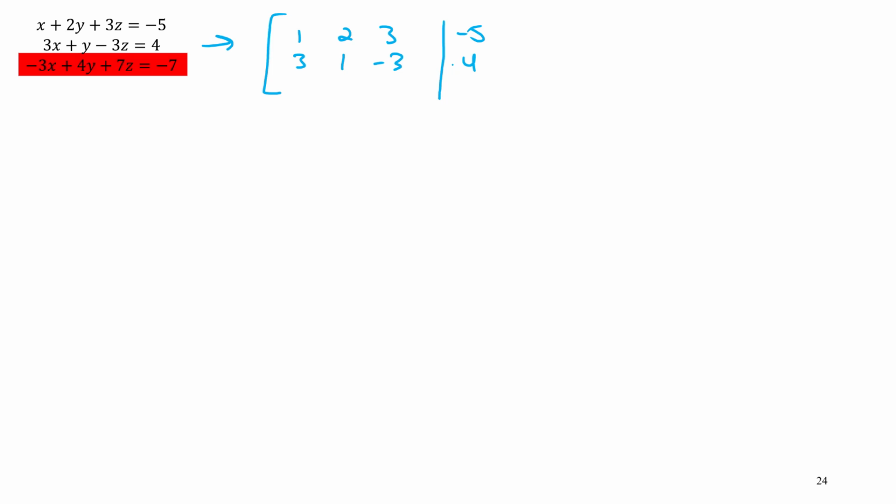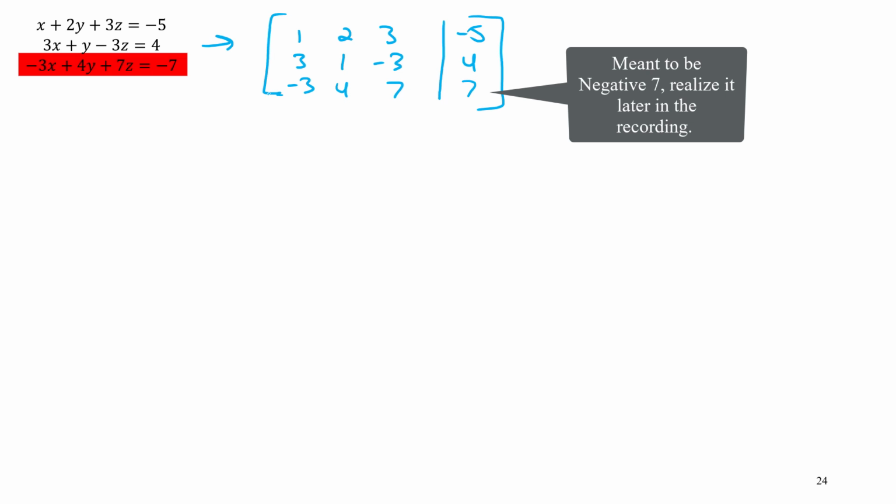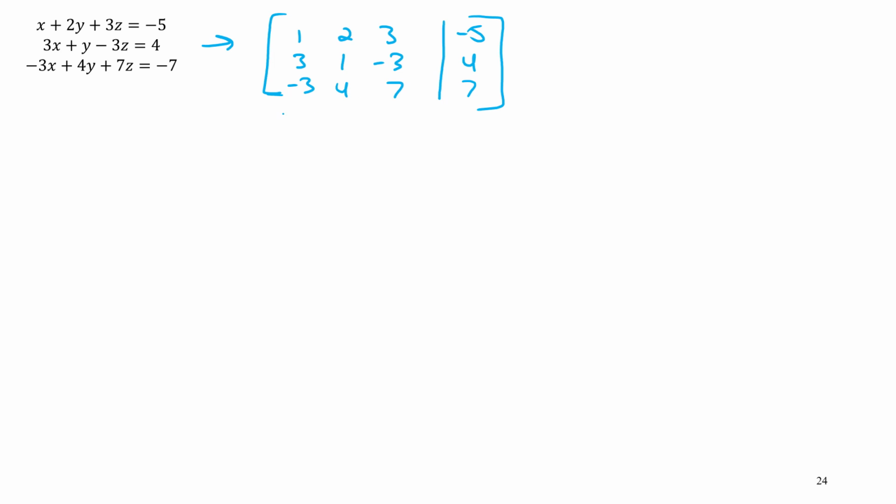For row 3, we'll have -3, 4, 7, and 7. So this is where I would label it either X, Y, Z, answer or A, B, C, and D.